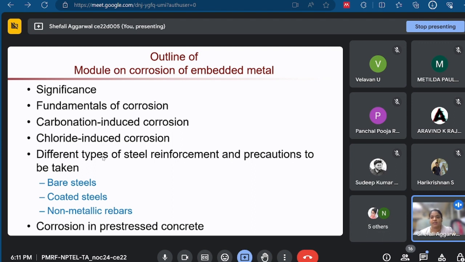Then you might have studied different types of corrosion, mainly carbonation-induced and chloride-induced corrosion. Then in week 2, you might have studied different types of steel reinforcement and precautions to be taken. And the last thing you might have studied is corrosion in pre-stressed concrete, right?